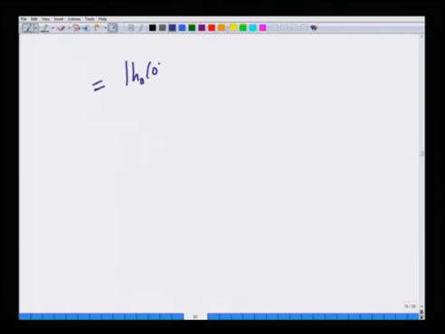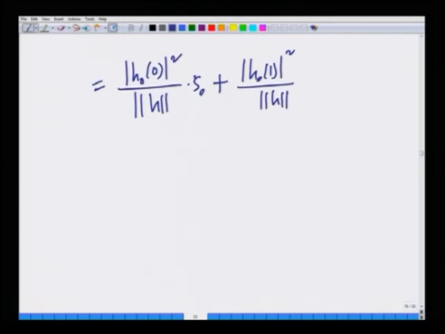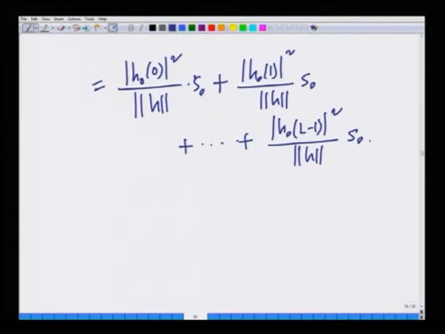This is nothing but magnitude h 0 0 square divided by magnitude h times s 0 plus magnitude h 0 1 square divided by norm h times s 0 plus so on, magnitude h 0 of L minus 1 square divided by magnitude h into s 0.